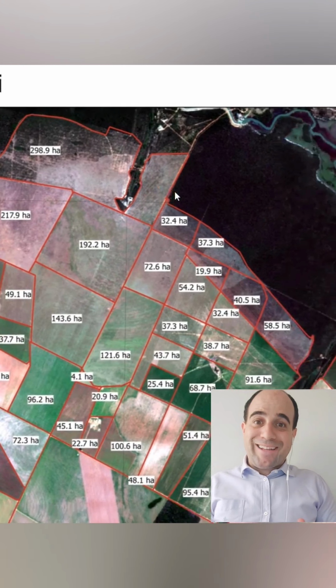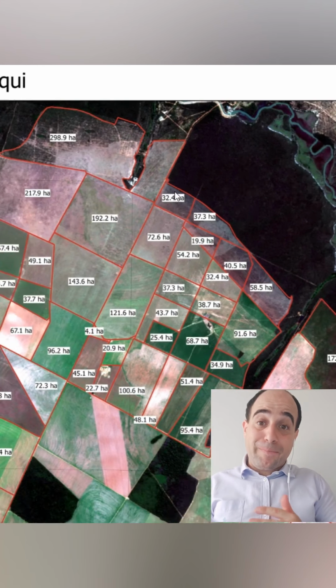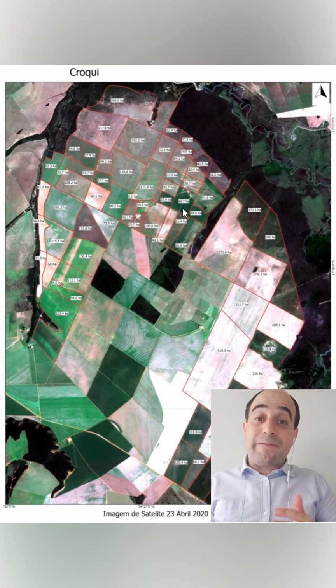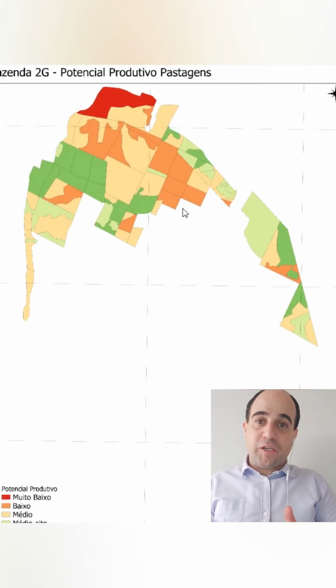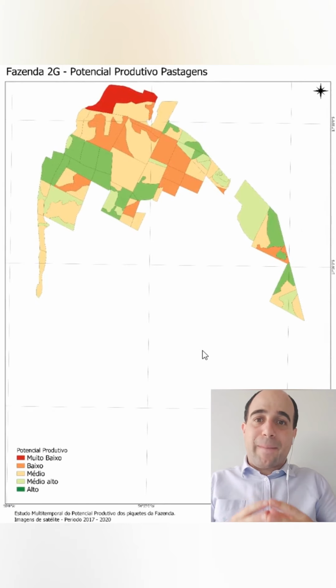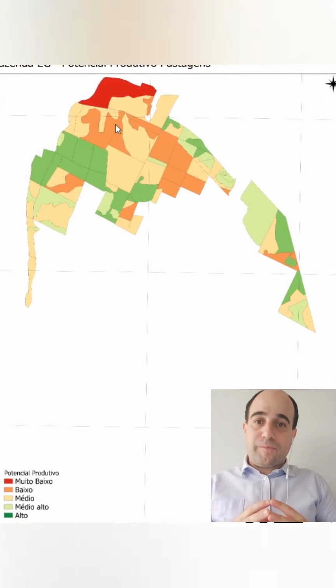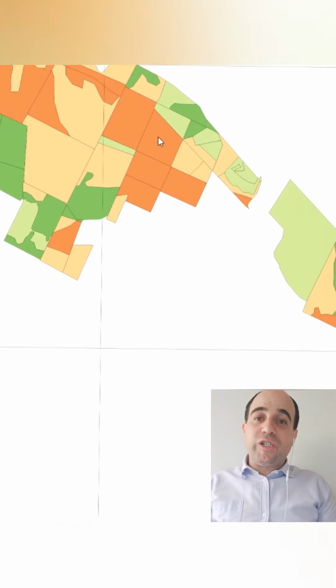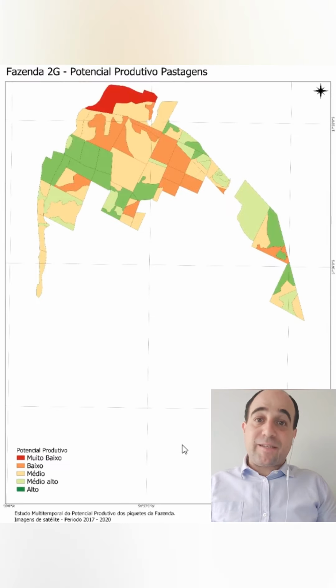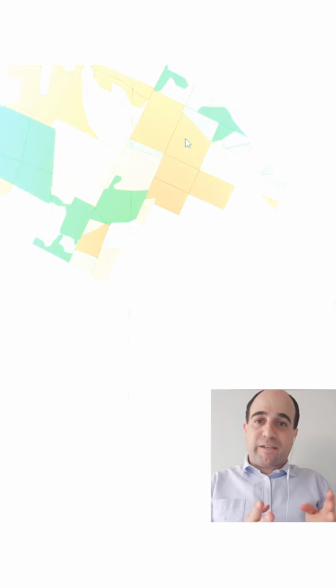And with that, I'm giving him geographic intelligence knowledge. I'm giving him a map with measurements, with location, with everything that he can combine with his own knowledge. It makes a huge difference in the ag business. Information for the decision-making process.